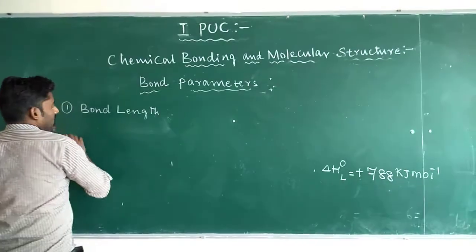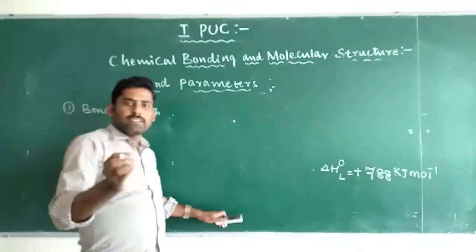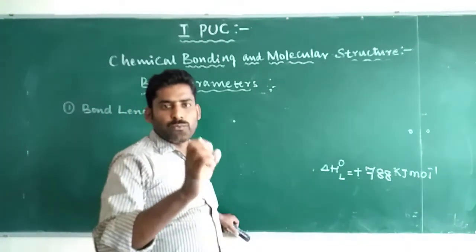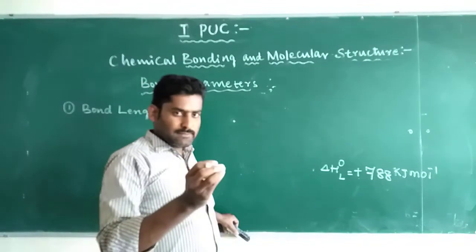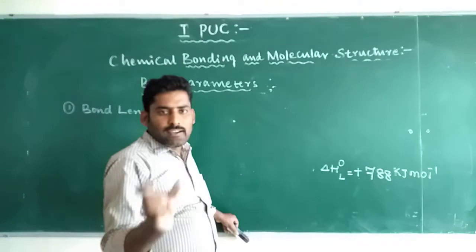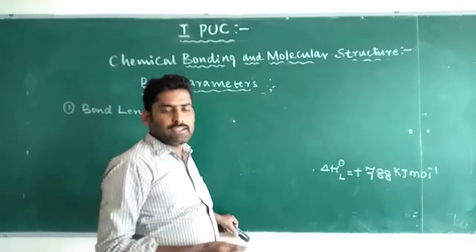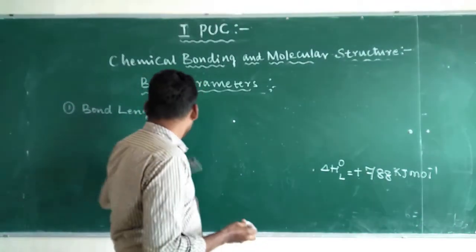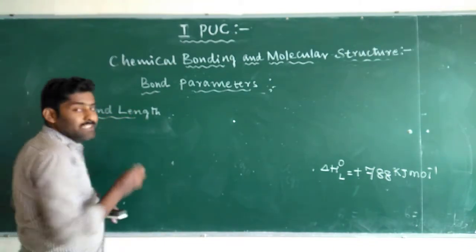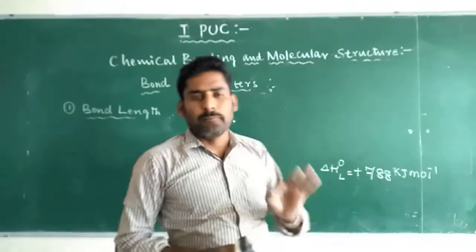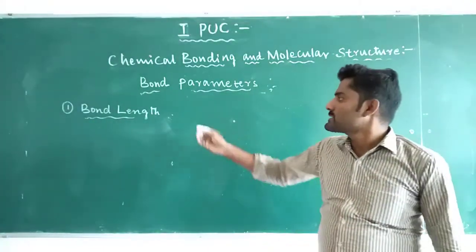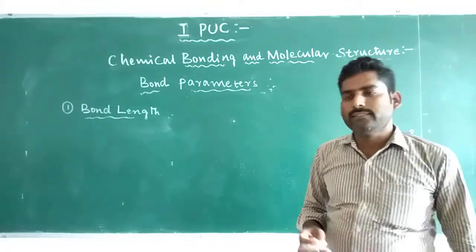It does not vary, so it is called an equilibrium distance. The equilibrium distance between two bonded atoms in a molecule is called bond length.